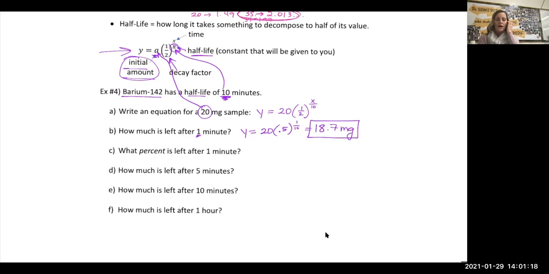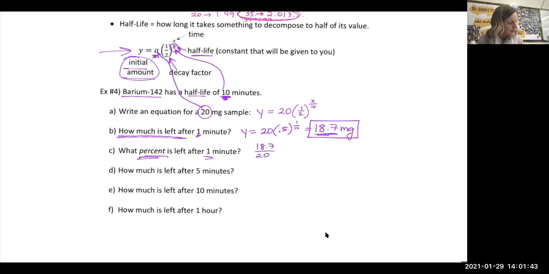It says what percent is left after 1 minute. So this is how much was left. What percent is that? It's just like finding how you did on a test. The total we started with was 20. What we got is 18.7. So just like you do on a test, I got 19 out of 20 on that quiz, so you do 19 divided by 20. Well, we're going to do 18.7 divided by 20.